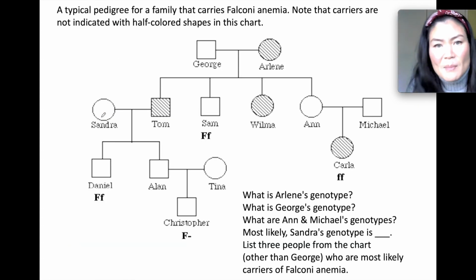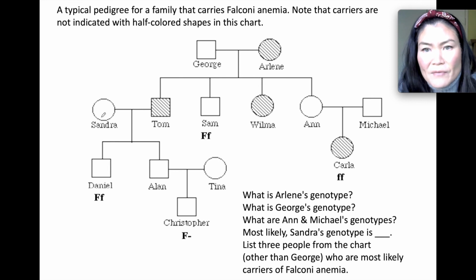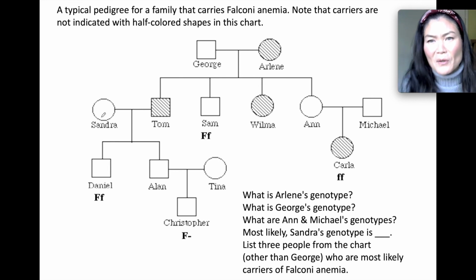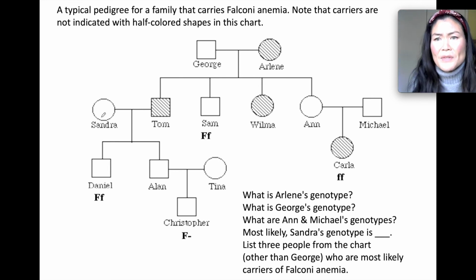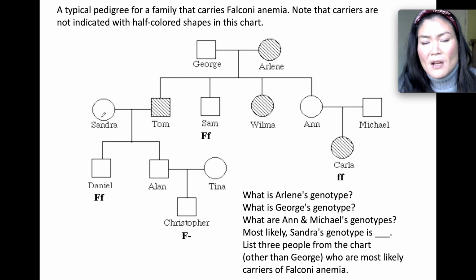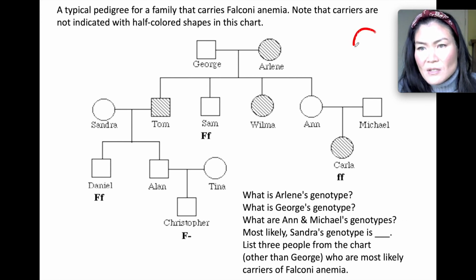Okay, a typical pedigree for a family that carries Fanconi, I think that's how you say it, Fanconi anemia. Note that carriers are not indicated with half-colored shapes in this chart. Sometimes you might see a pedigree where the carriers are indicated by having a half circle filled. So like this would be a carrier, like X little a.